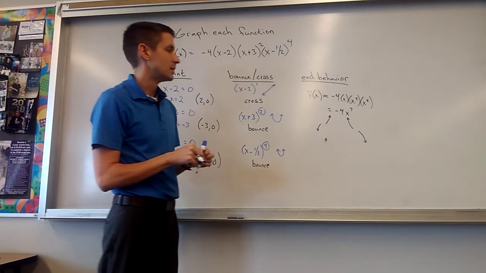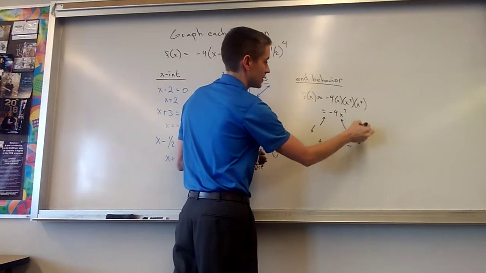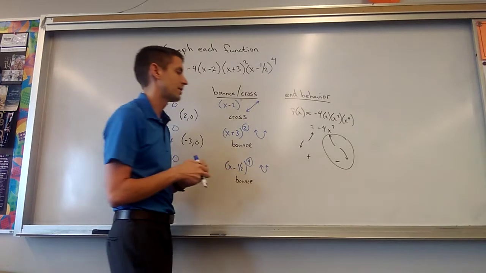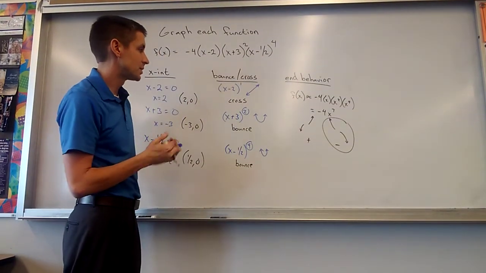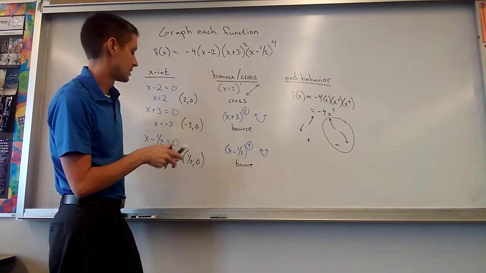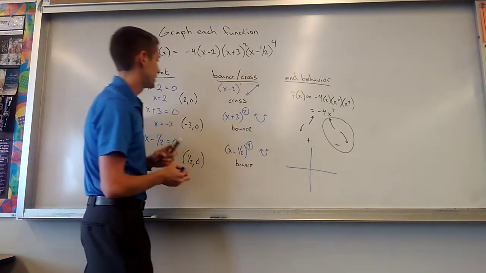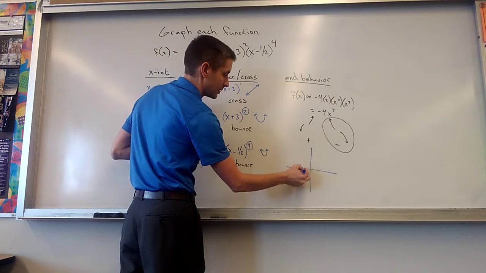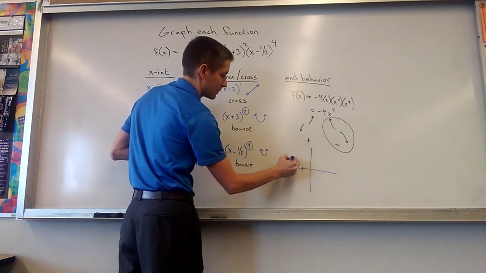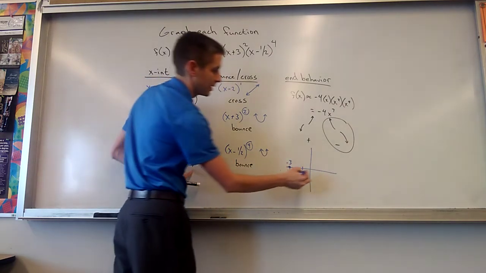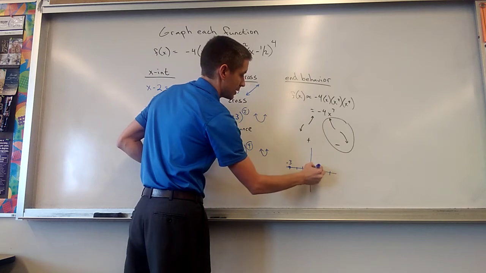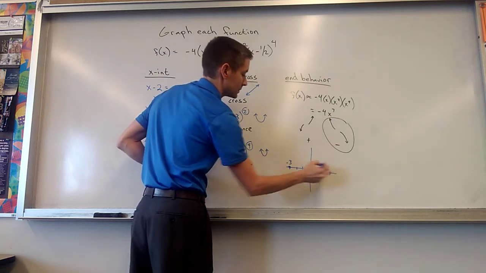So combining all of this together, let's put this onto a graph. We had intercepts at -3, at 1/2, and at +2. And I know on the end behavior, my left side is going up, right side is going down, like we found right here.